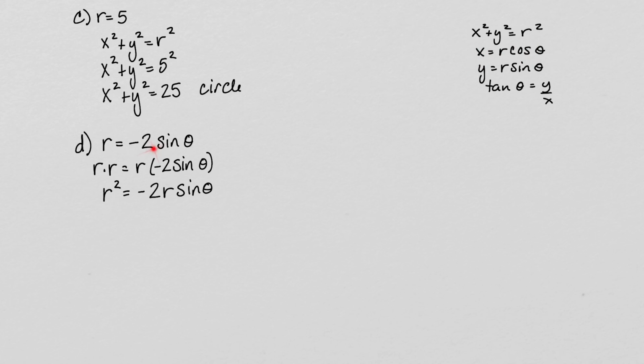Since I multiplied this side by r, I have to do the same thing to the left-hand side, and it actually helps out my left-hand side as well, because now it's r squared. We know that r squared is, by the first equation, x squared plus y squared. And now I have minus 2, and then r sine theta is y.